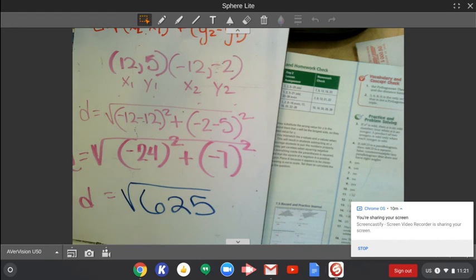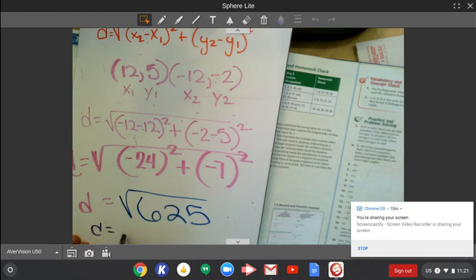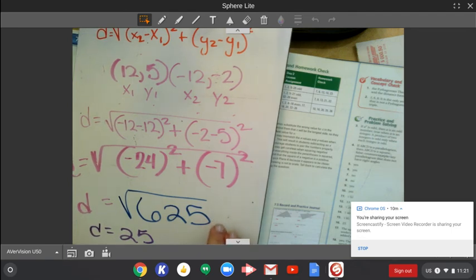I know that's 25, but in case you don't know, it is 25. So the distance between these 2 points on the coordinate plane is 25 units. Now, like I said, usually your answers are going to come out as irrational numbers. So if you cannot take the square root of the number, you don't take it. Here you can actually take the square root, so your answer is going to be 25.